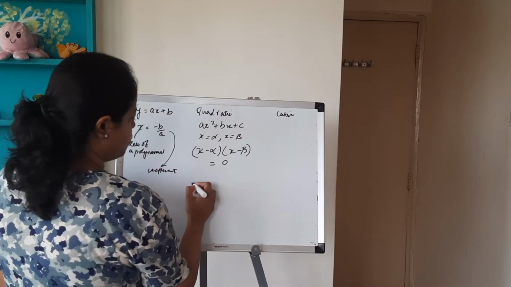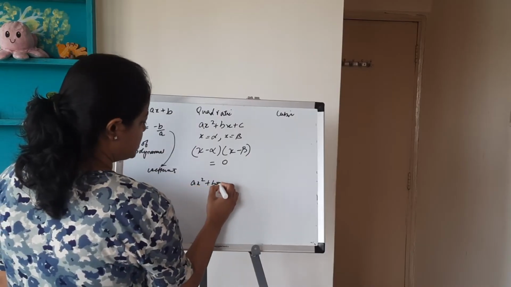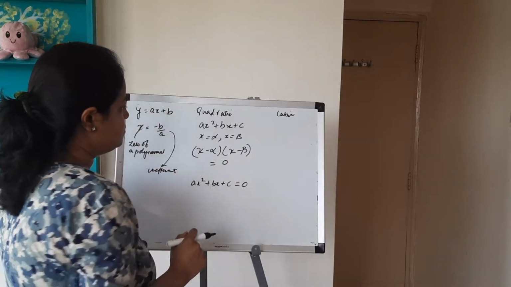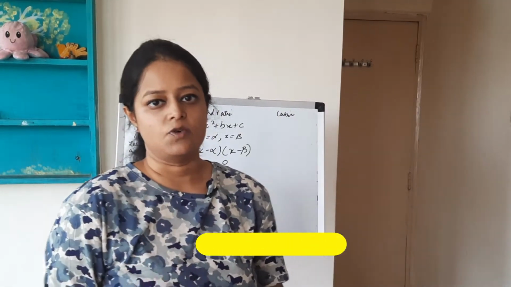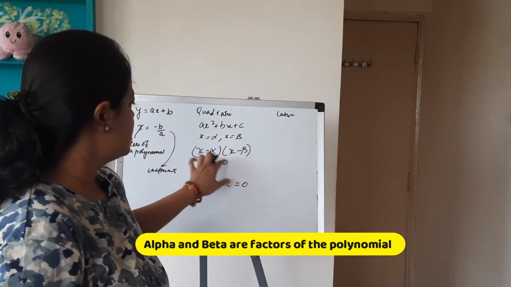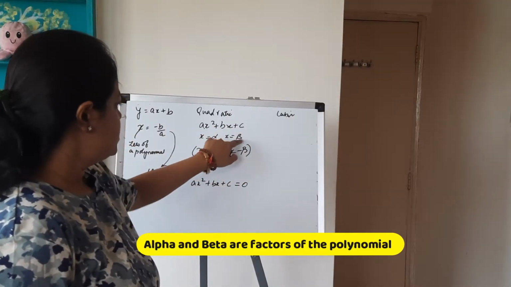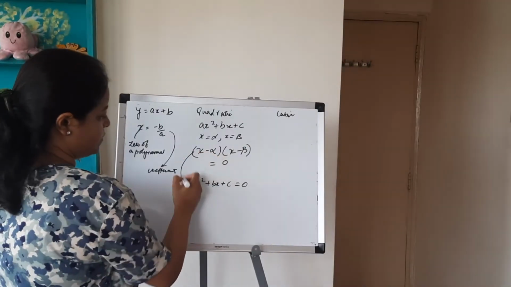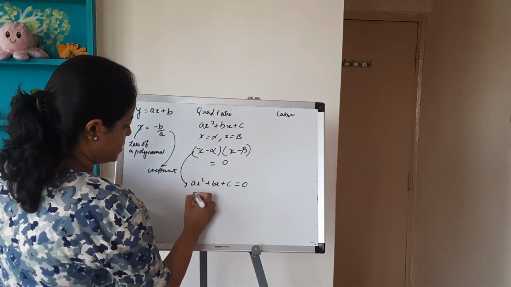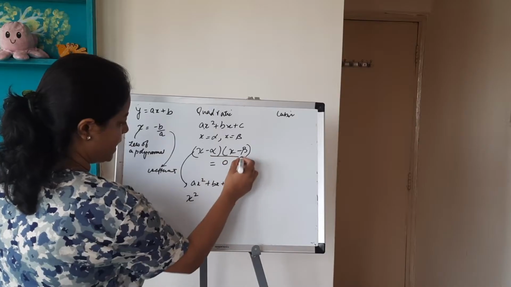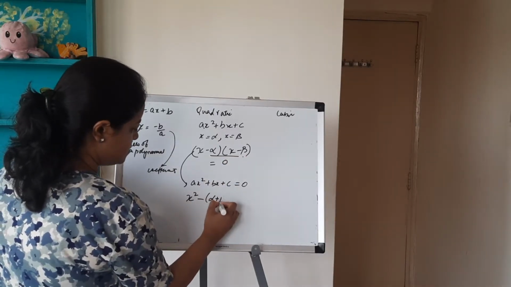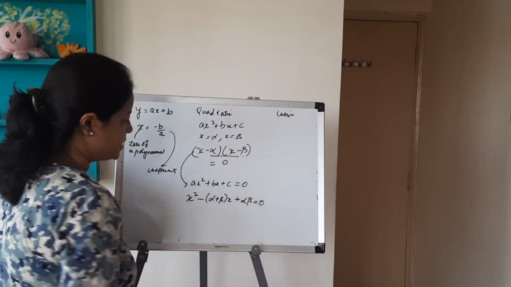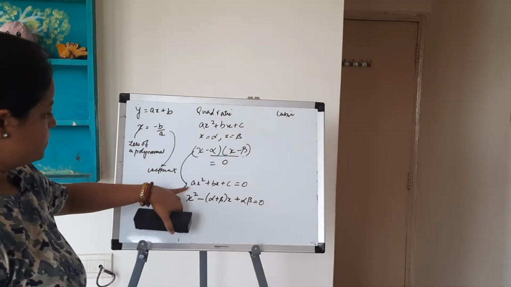So ax square plus bx plus c equal to 0, right? We already know this is how to represent x if it is alpha, then it is represented like this. We already know this, right? Now what we are going to do is open the brackets for x square, right, this is what it comes to be.